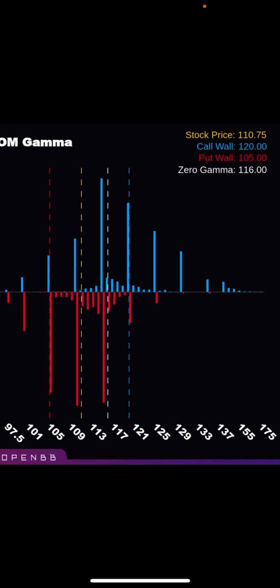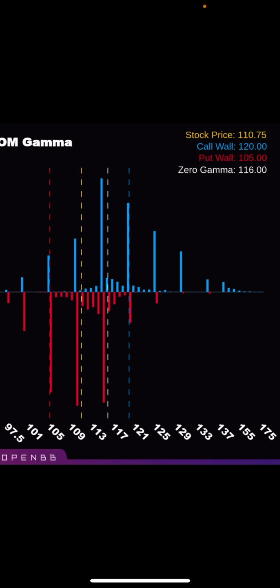The reason behind that is the dealers and the market makers, when we flip to that negative gamma territory, they have to move their positions around, and they're selling with the stock, or selling with the market, right?